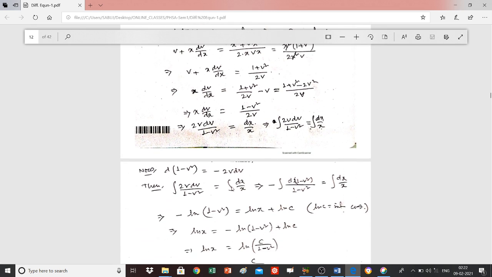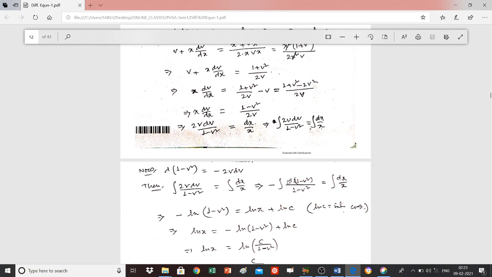And you know that it is written here that if you write d of 1 minus v square, if you compute this, it will result in minus 2v dv. So from this relation you can write integration 2v dv by 1 minus v square, that is equal to dx by x. That can be written with a minus sign, because you know that 2v dv should be minus of d of 1 minus v square.